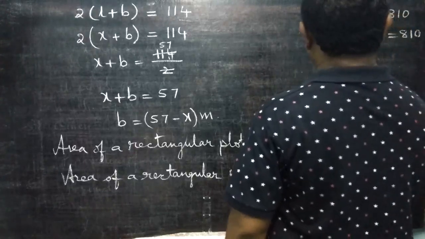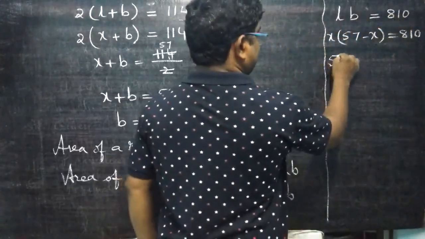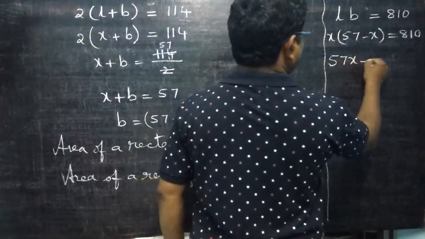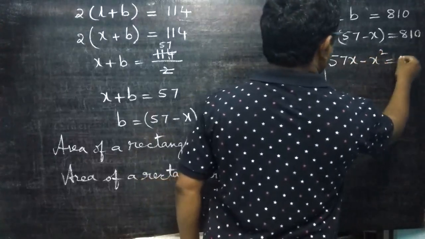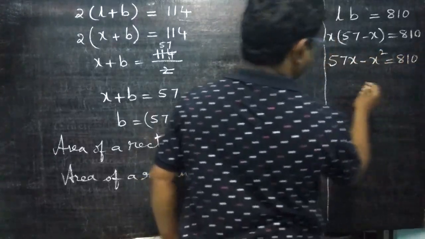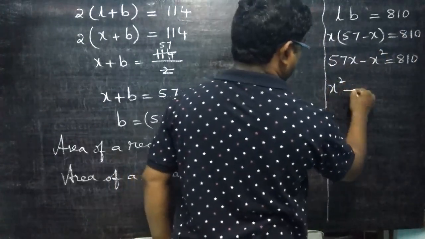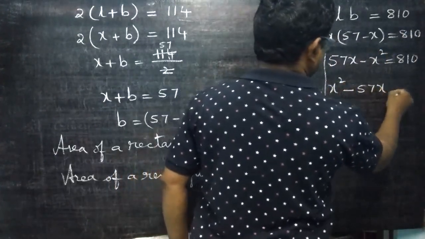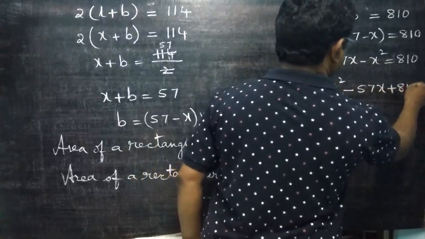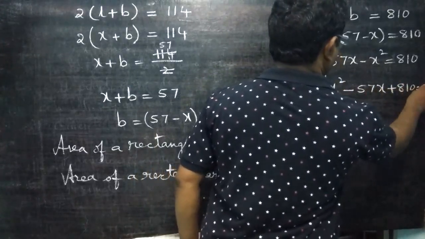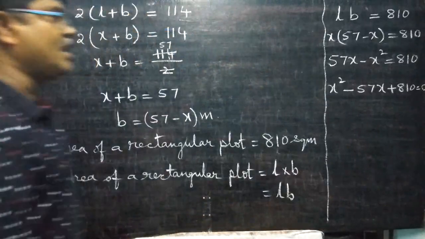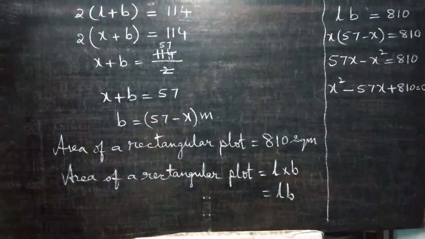Now multiply: 57x minus x square is equal to 810. Take from left to right. So x square minus 57x plus 810 is equal to 0. This is the quadratic equation we got.